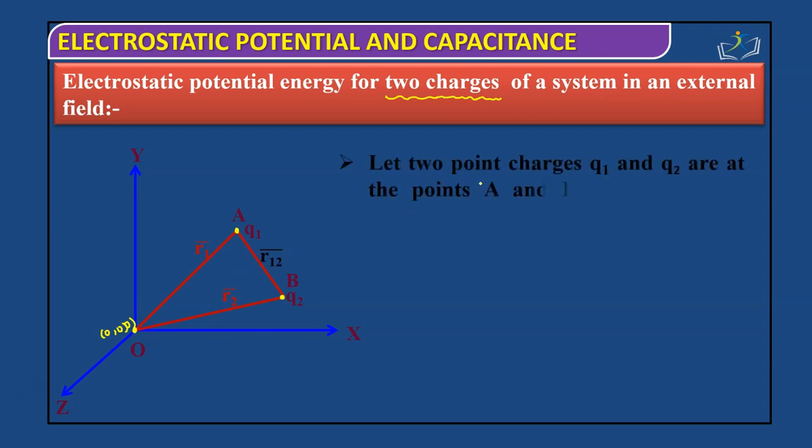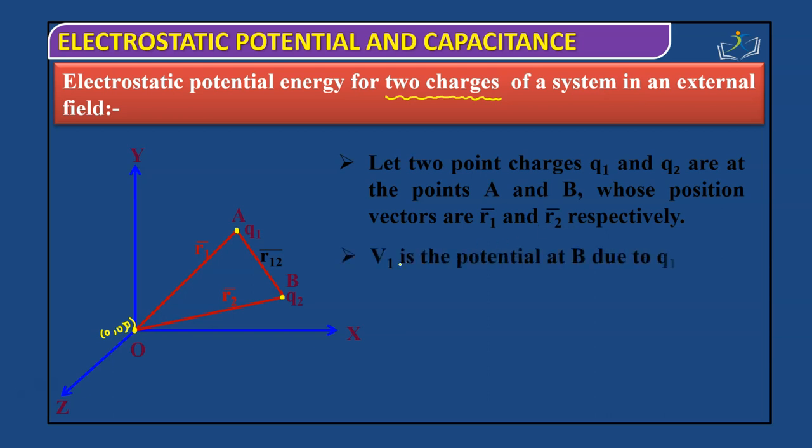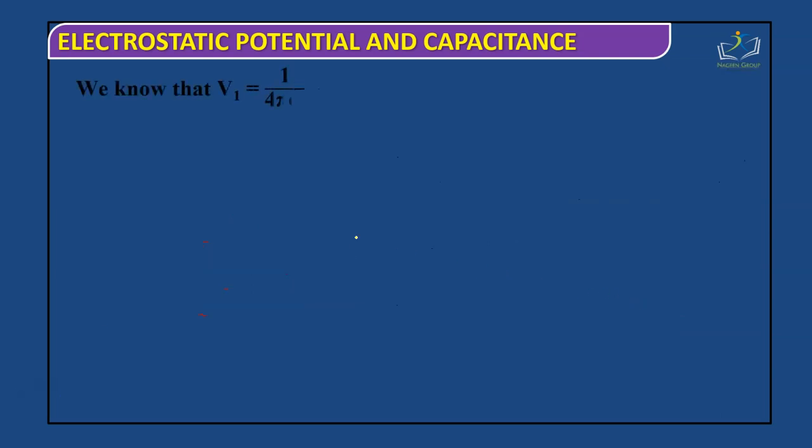So let two point charges Q1 and Q2 be at the points A and B, whose position vectors are R1 and R2 respectively. V1 is the potential at B due to Q1 and V2 is the potential at A due to Q2. So we know that V1 is equal to 1 by 4 pi epsilon naught Q1 by R1.